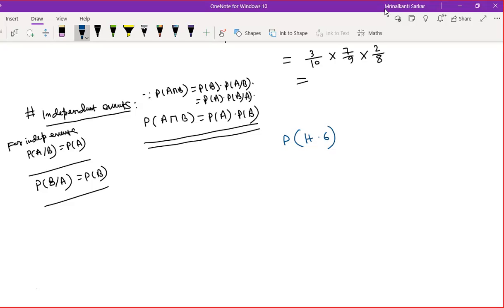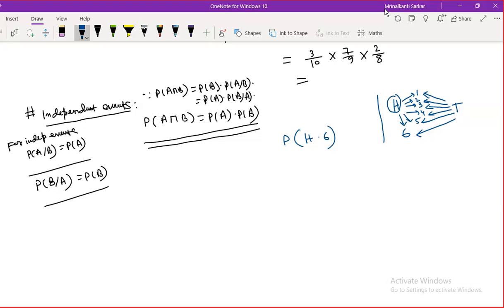If you say that I'll do it by counting, I have no problem, you can do that, but this will be huge, because head has possibilities 1, 2, 3, 4, 5, 6. Tail also in the same manner can give you 1, 2, 3, 4, 5 or 6.